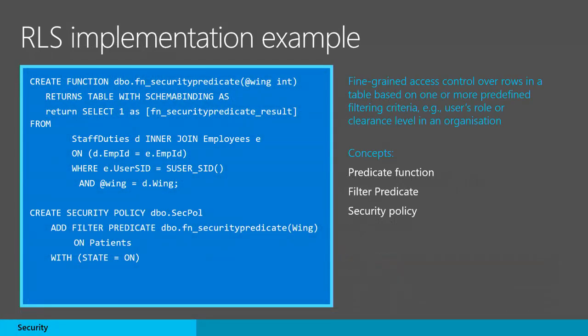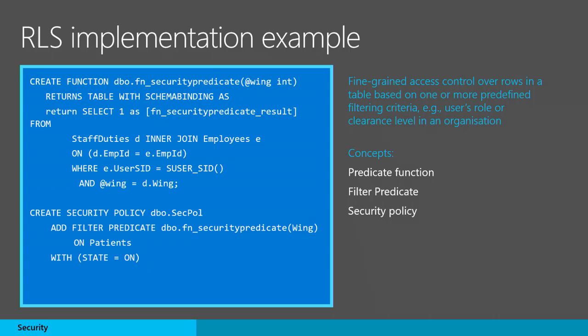A little bit of an example in terms of the code. So here's a function. Here's my predicate function. And this function gets applied by anybody that tries to read from this table, right? If I do a select star from this table, the optimizer is going to change the query to add a where clause to call this function, right? So now I'm only going to get back the rows that I'm allowed to see based on some business rules that have been set in my database tier.